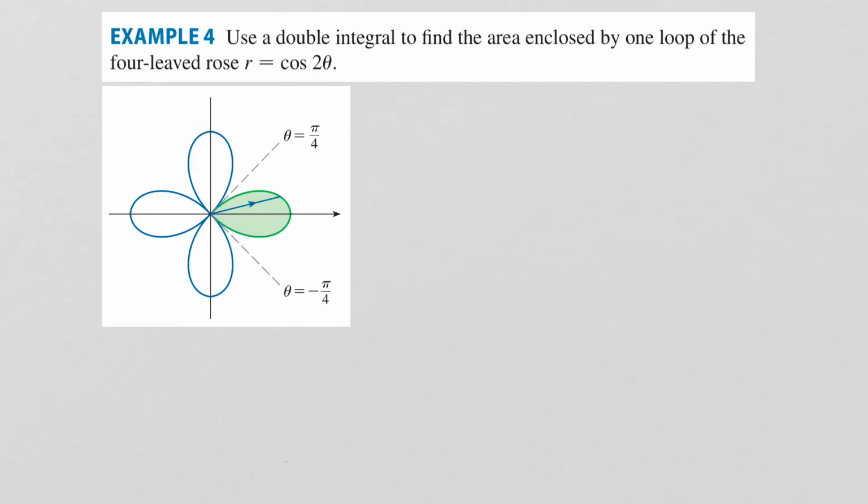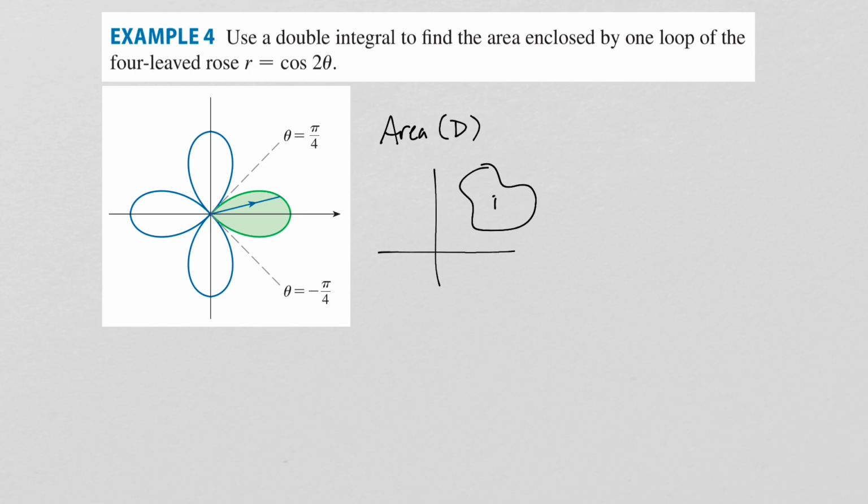So let's use a double integral to find the area enclosed by one loop of the four-leaved rose r equals the cosine of 2 theta. So let's remember that if you want to get the area of some domain D in R2, all you need to do is integrate over that domain D, and your function is 1 dA.